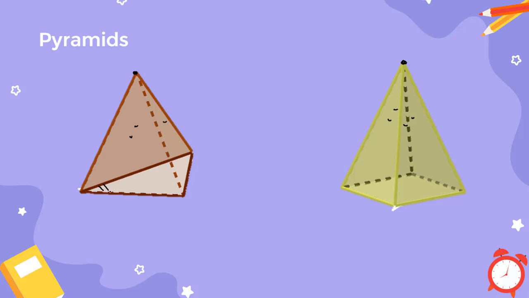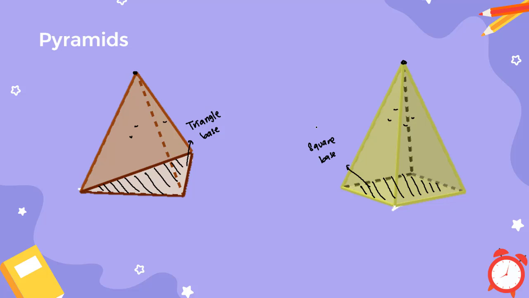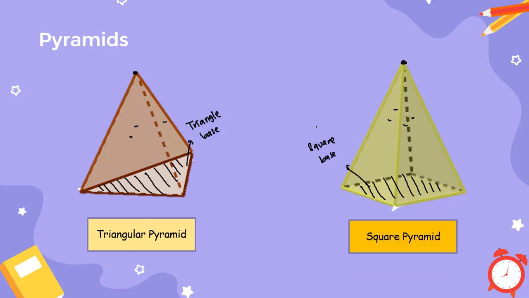The left figure has a triangle base, and the right figure has a square base. So the first figure we can name a triangular pyramid, and the second figure we can name a square pyramid.